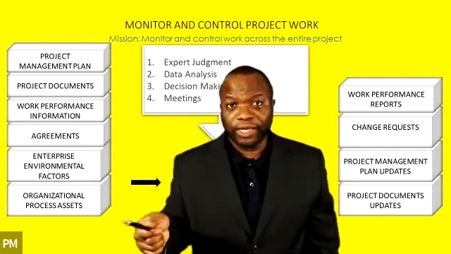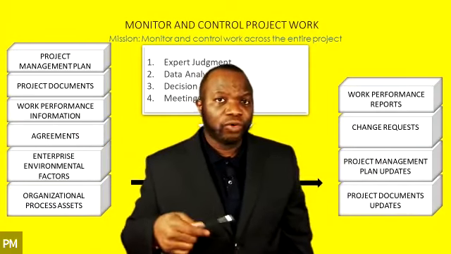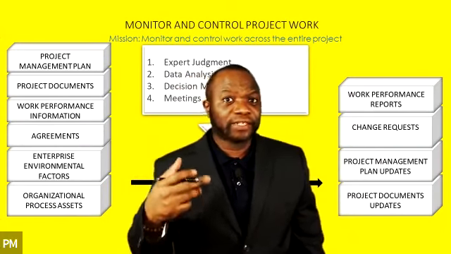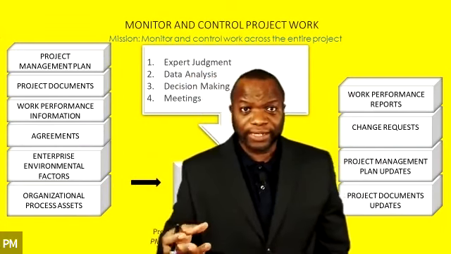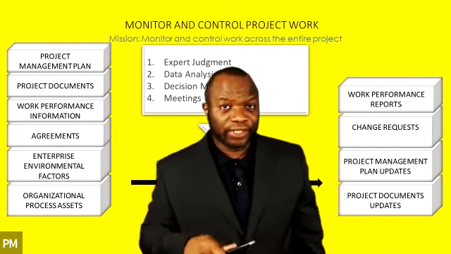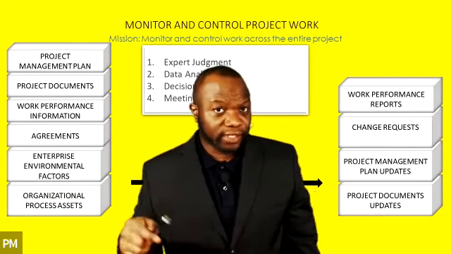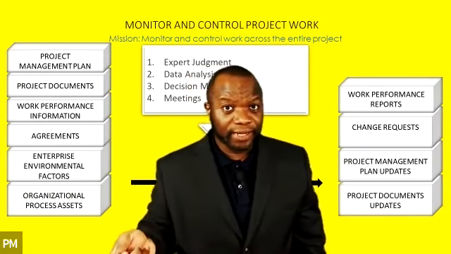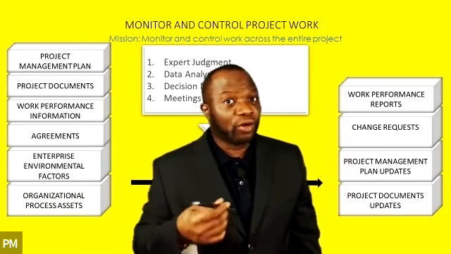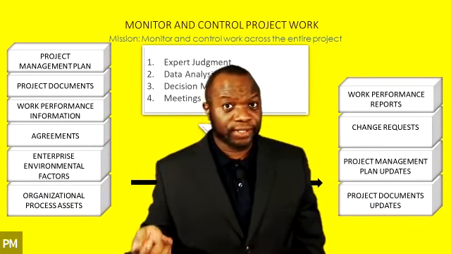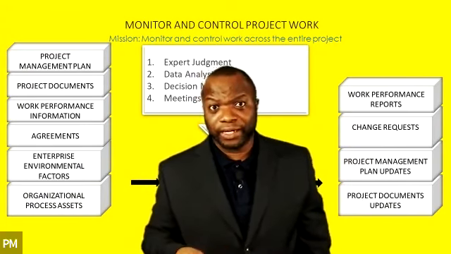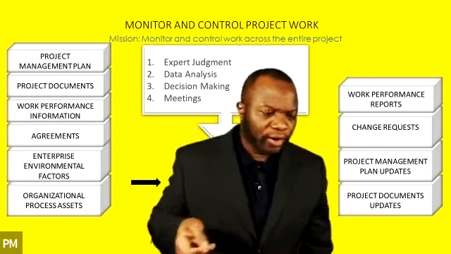Work performance information is your analyzed work performance data. So you're getting your work performance data and it's been analyzed, put into context so that you can make sensible conclusions from it for decision making. It has become WPI at that stage. So after you have analyzed your work performance data that is also going into all those processes, you get work performance information. Remember the discussions we've had? I hope you do. All right.